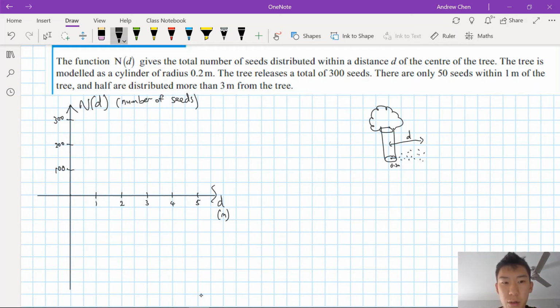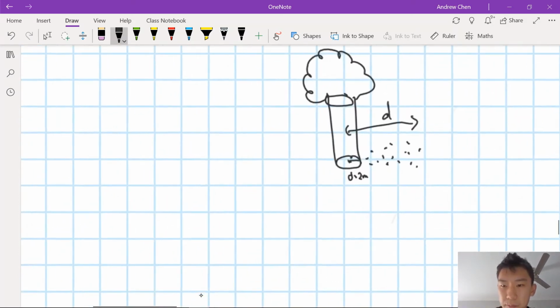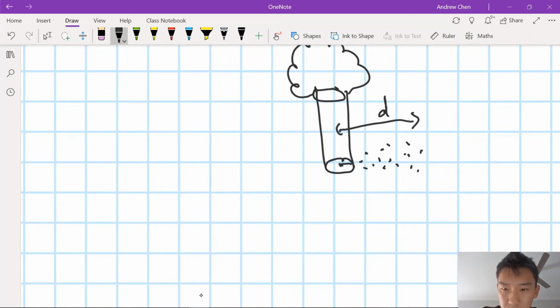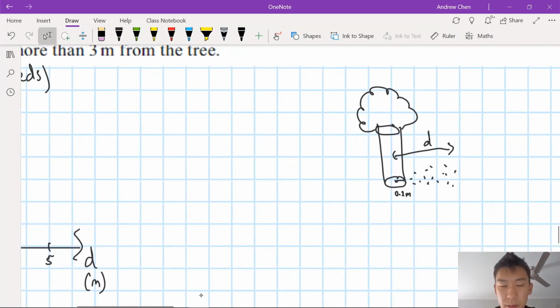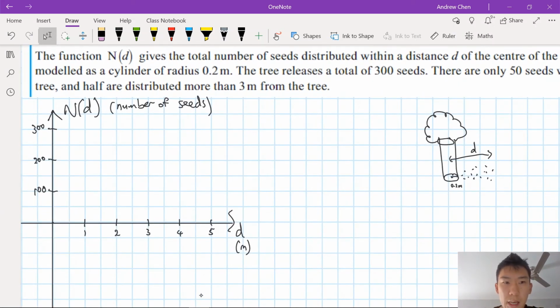Now let's try to put some points onto this graph for this situation. So that's 0.2 meters. If it's got a radius of 0.2 meters, that means there can't be any seeds from 0 to 0.2 meters, because that would be inside the trunk of the tree, and obviously the seeds are going to fall away from the tree.